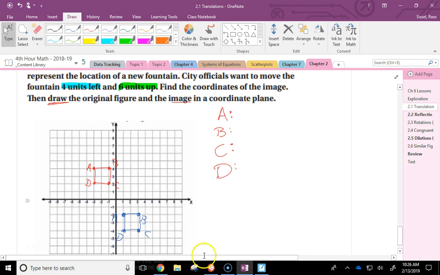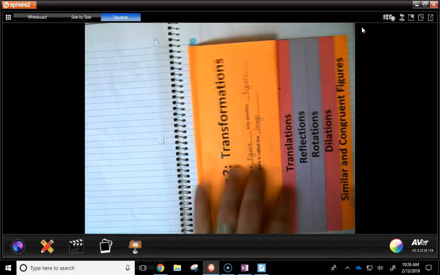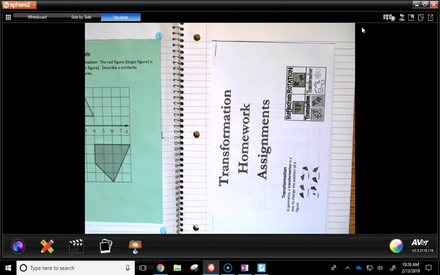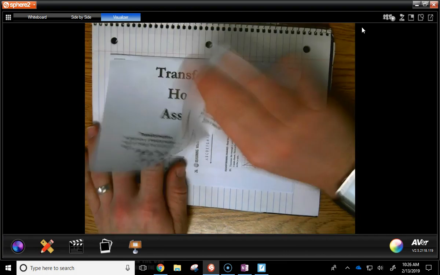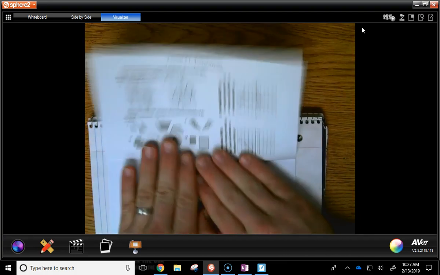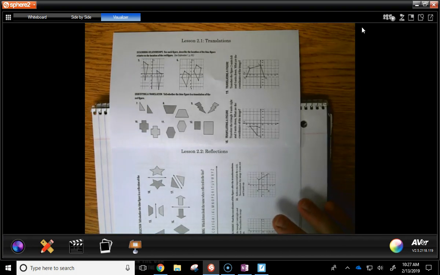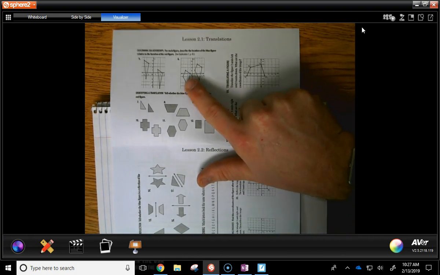Alright, if we pull up this. Here's our homework foldable. And opening up the first, for each figure, describe the location of the blue figure.